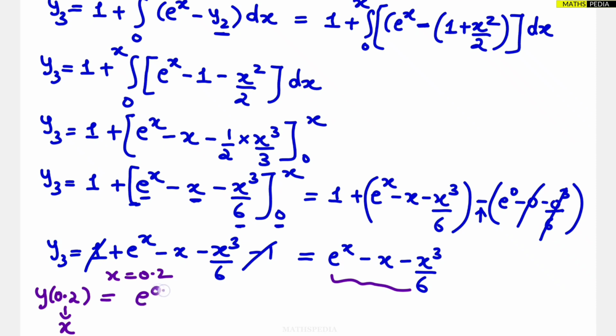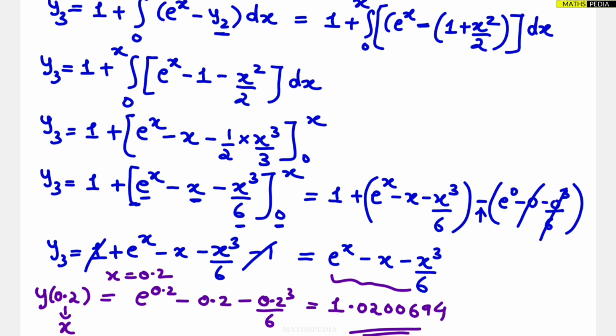So e power 0.2 minus 0.2 minus 0.2 cube by 6. If you use the calculator and find out, it will be 1.02000694. So this will be the final answer. This is the final answer for the third approximation of the given differential equation, and this is the y of 0.2 value.